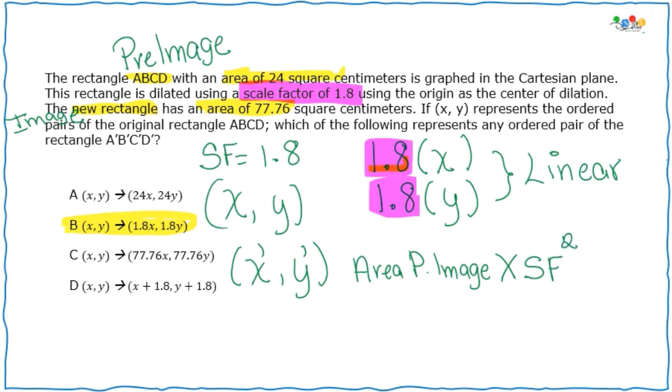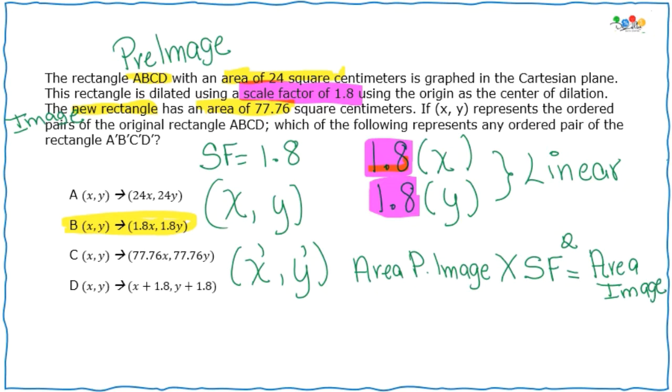If you remember, area is measured in square measurements, and that's the reason why I put a 2 as an exponent. This will give me the area of the image.